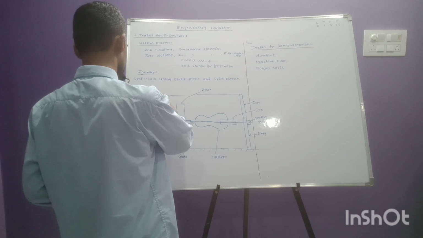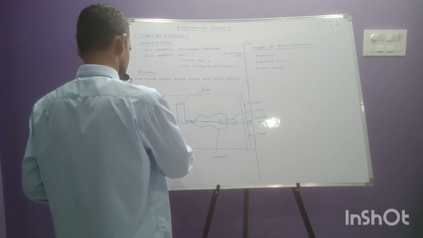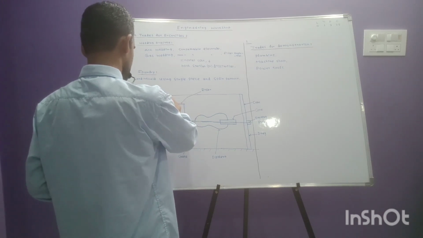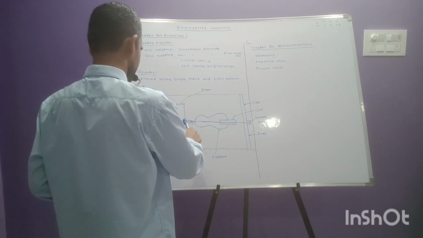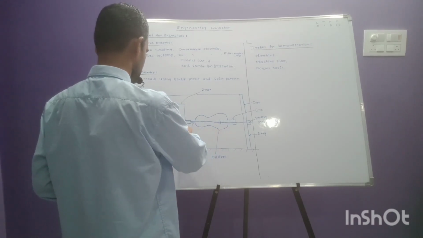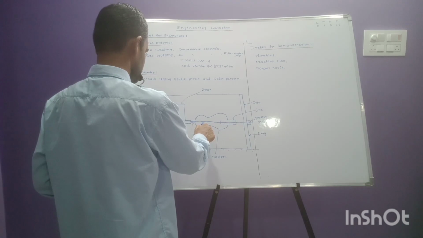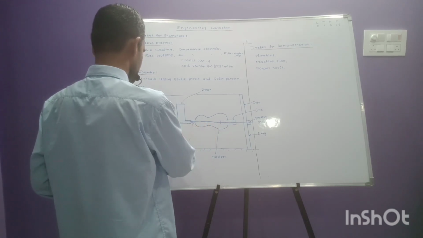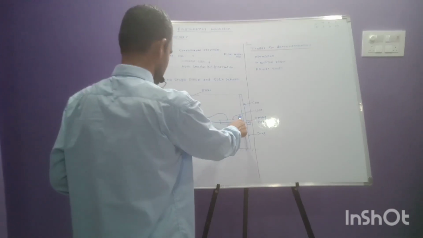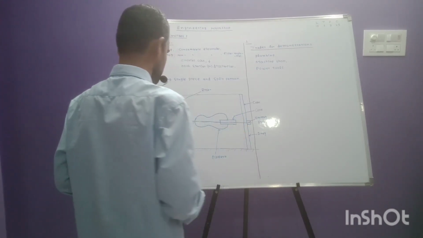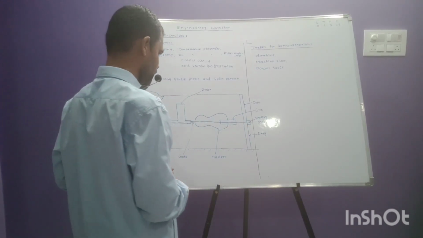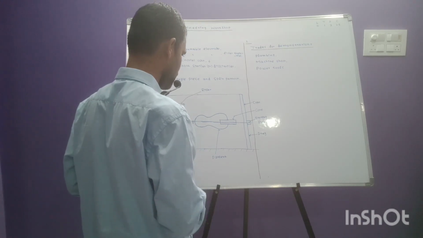Here the material is poured, with the runner and riser. Once the material is poured in the mould, it reaches here from the runner and gate, and a core is used here. The core is used to get a hollow object.